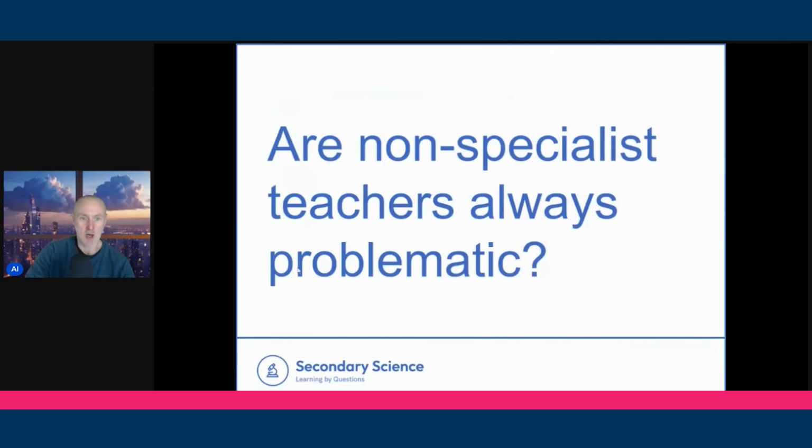Now, are non-specialist teachers always problematic? I want to start with this because we're all teachers and we all have a wide range of transferable skills, and a good teacher is a good teacher, regardless of whether they're a specialist or not. They will have challenges as a non-specialist teacher, but that does not mean that they are not a good teacher.